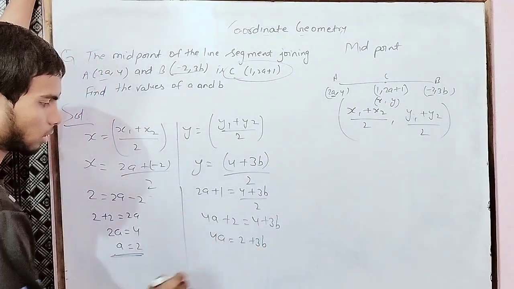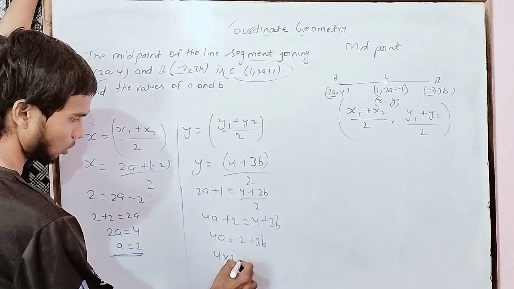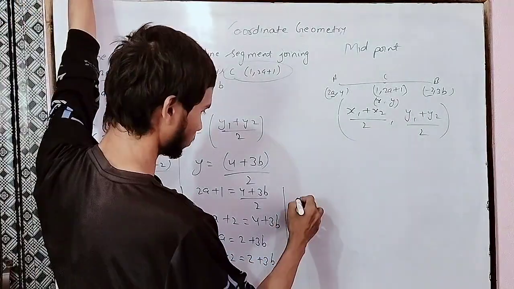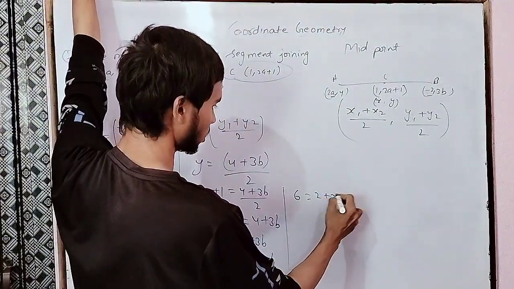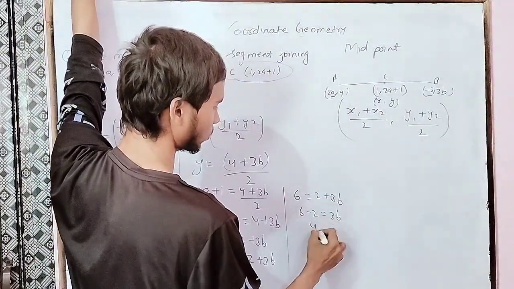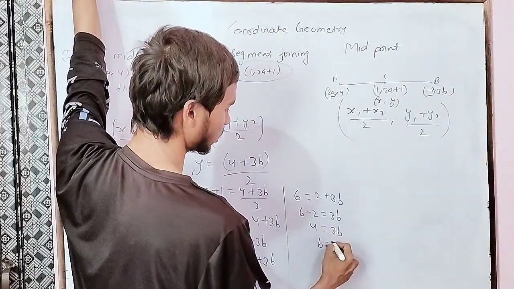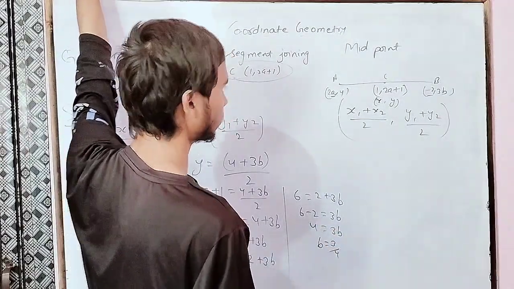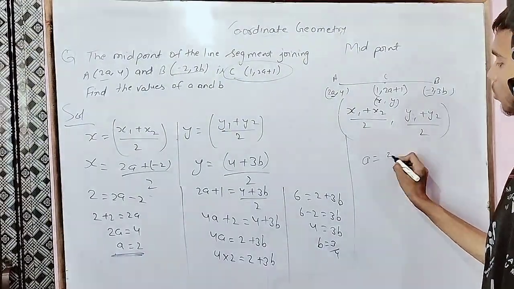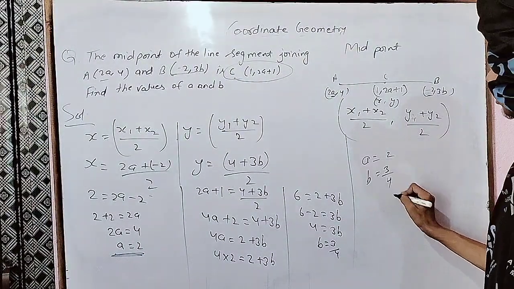Then 4 multiplied by 2 is 8, so 8 equals 2 plus 3b, and 8 minus 2 gives 3b equals 6. So b is 2. Finally, we can say a is 2 and b is 2.